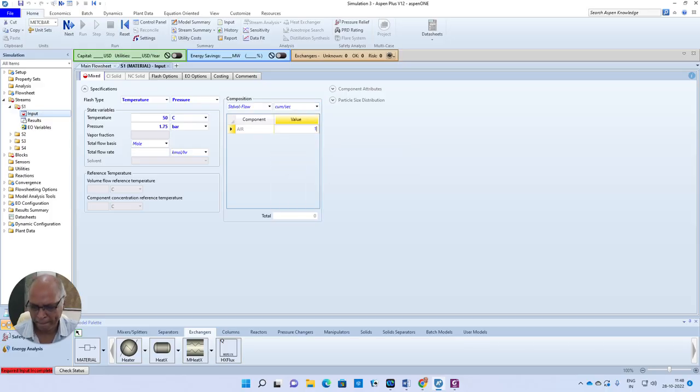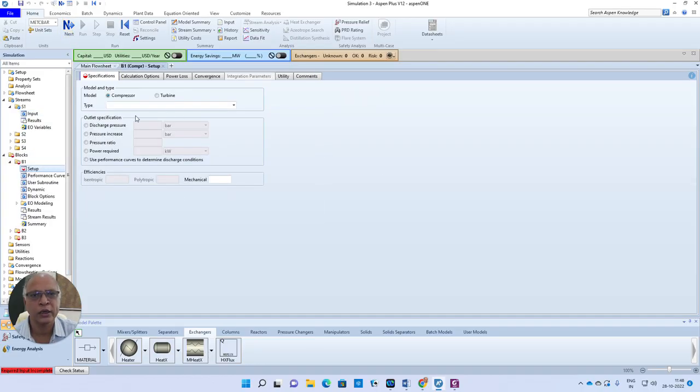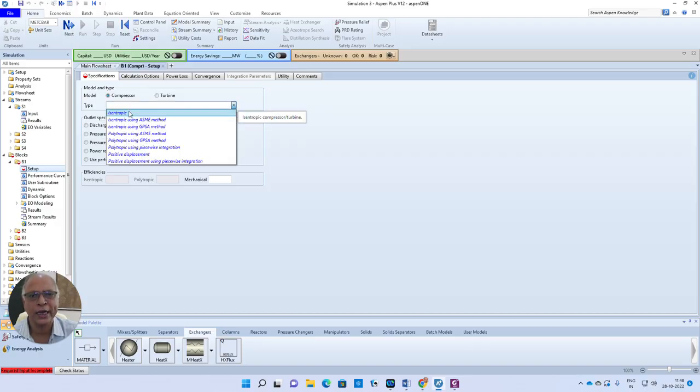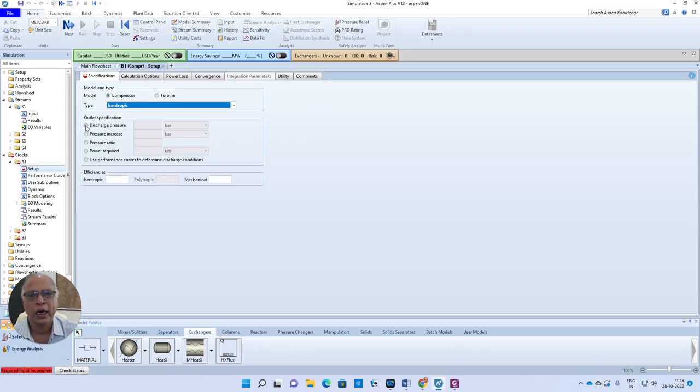So we have specified the input stream. Now let us go and define the first compressor as isentropic, and the discharge pressure we don't have any idea, but let me assume that it is 25. You can make any wild guess between 1.75 and 50 for the outlet pressure.